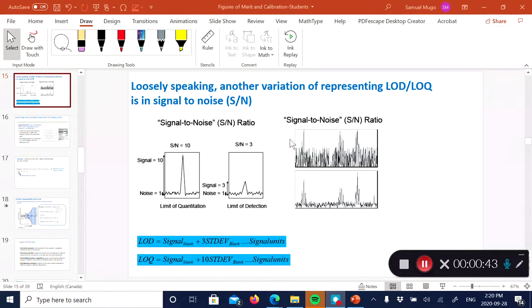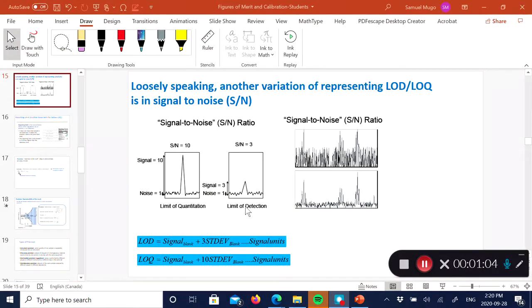So it's good you understand what the authors mean when they talk about signal to noise as a way to define the LOD. Remember, we used this relationship previously to calculate the LOD: signal of the blank plus 3 times standard deviation of the blank.